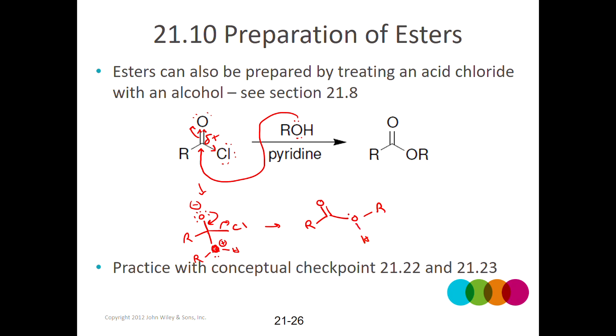That produces the ester almost, but it's protonated. And so that's the purpose of the pyridine. Pyridine would pick off that proton and make the product. So I would also form pyridinium, but that's relatively stable.